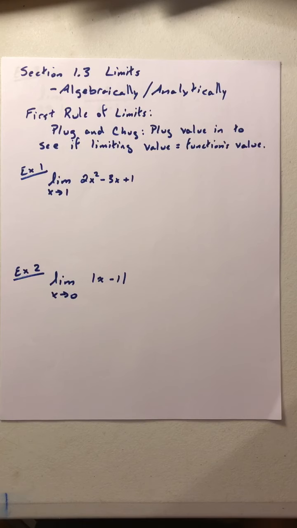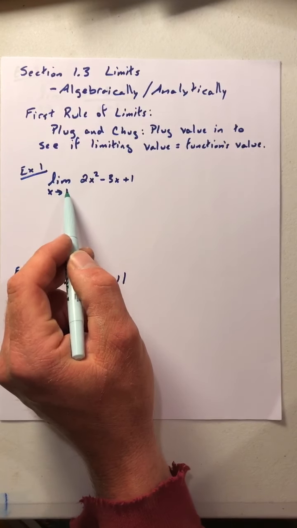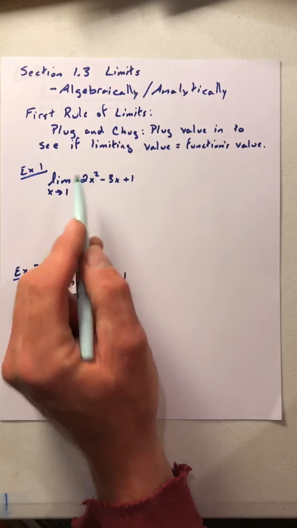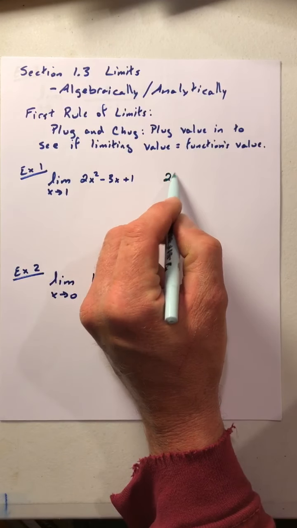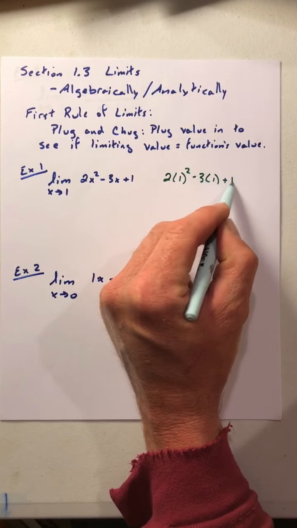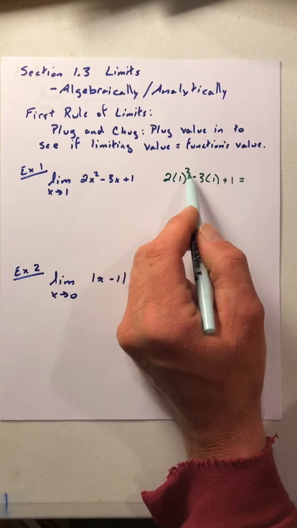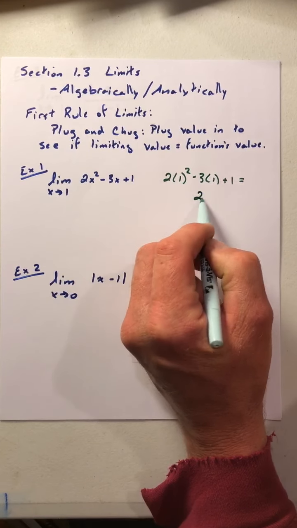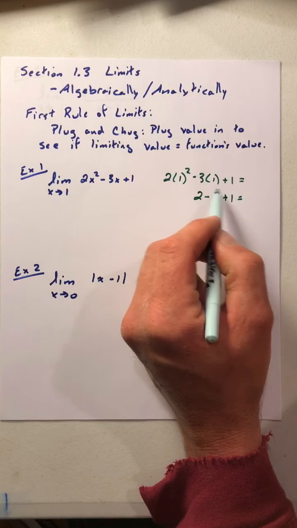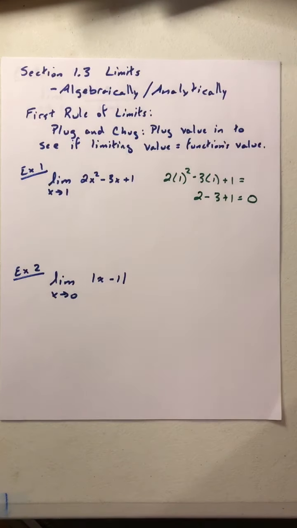So, example 1 here. Limit as x goes to 1 of 2x squared minus 3x plus 1. So here's where my plugging and chugging comes in. If I plug in 1 for my x values, I get 2 times 1 squared minus 3 times 1 plus 1. Well, 2 times 1 squared gives me 2, minus 3 plus 1. 2 minus 3 is negative 1, plus 1 gives me 0.